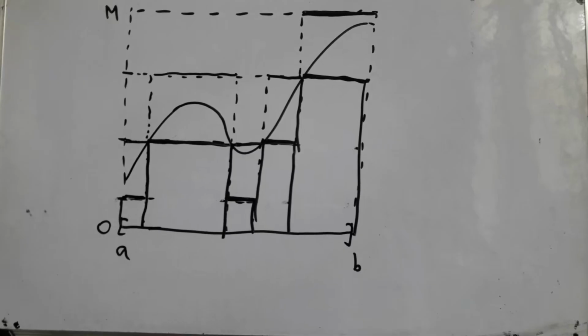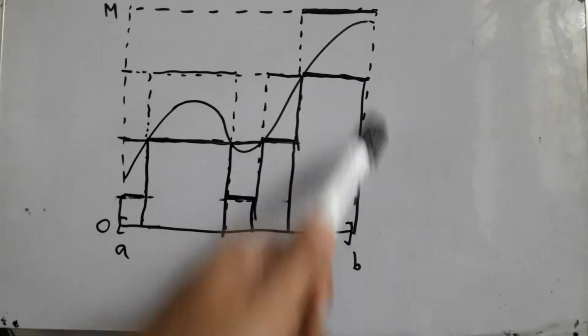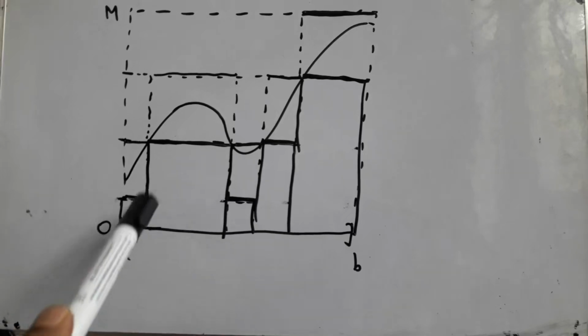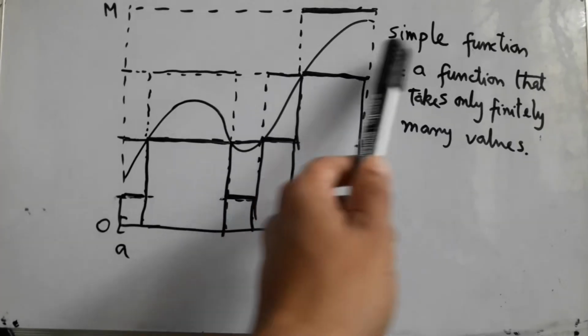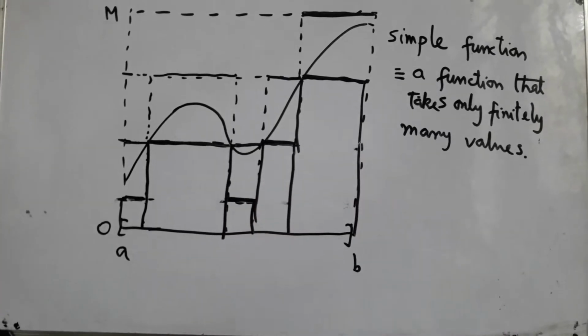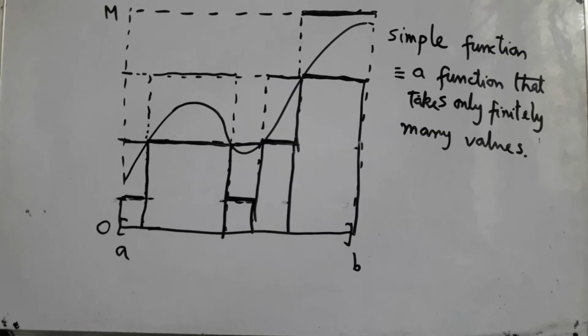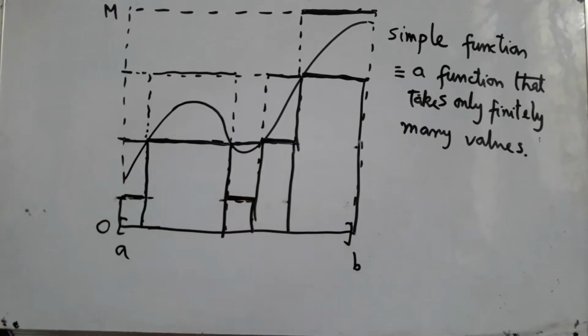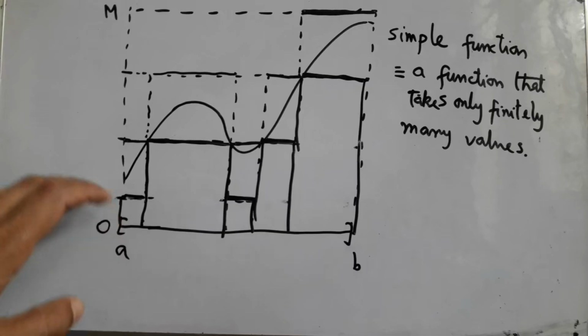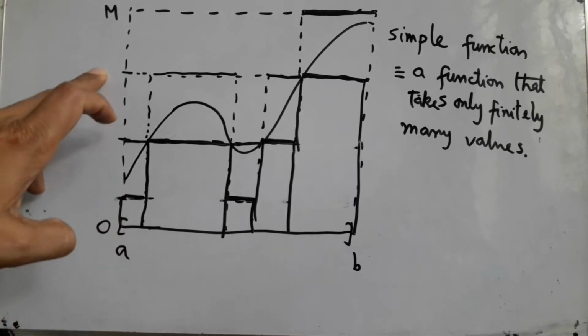For Riemann's case, we had this language called step function, but here this particular example looks like a step function, but in general it need not be, so we need a new terminology. We shall use the term simple function to denote a function that takes only finitely many values. For example, this lower approximation is actually a simple function because it takes this value, and this value.